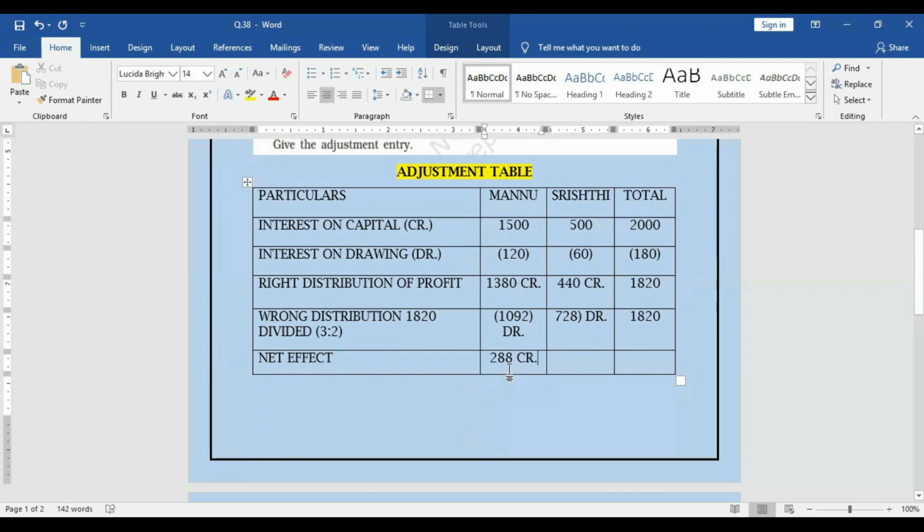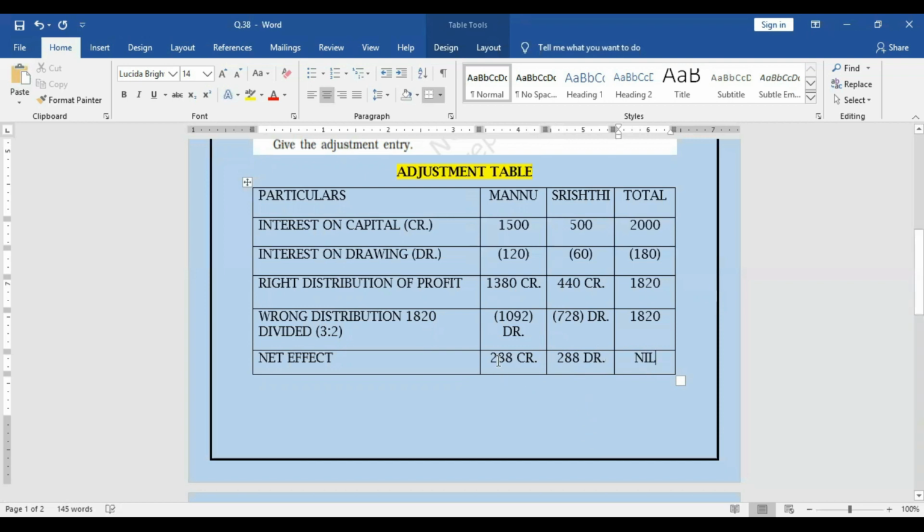Therefore we have to credit Manu's capital account by 288. For Srishti, the debit is higher, so we have to debit Srishti's capital account.